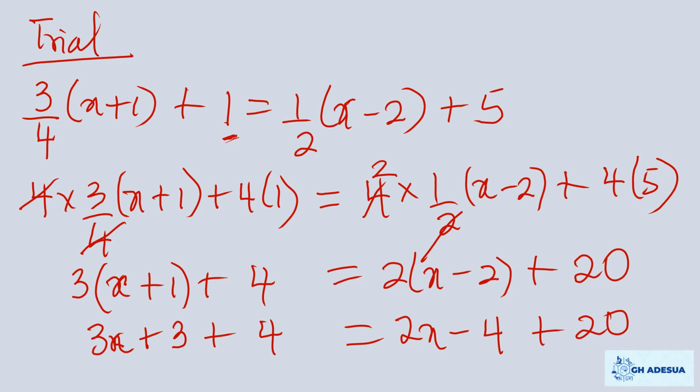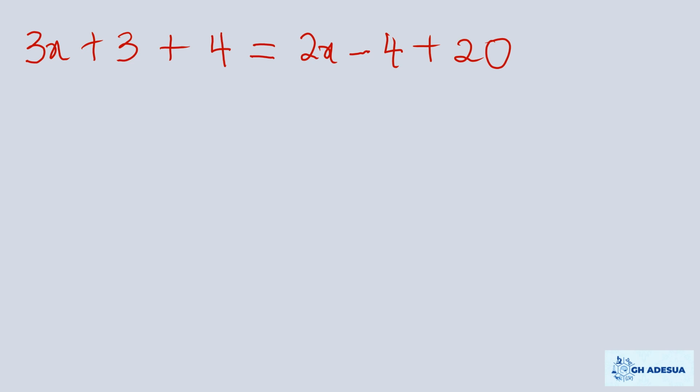All right. So we had 3x + 3 + 4 = 2x - 4 + 20.